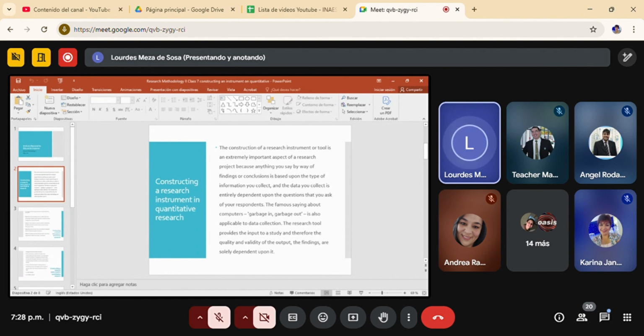The famous saying about computers, garbage in, garbage out, is also applicable to data collection. The research tool provides the input to a study, and therefore the quality and validity of the output. The findings are solely dependent upon it. If I make the wrong questions, that means my instrument was not reliable.